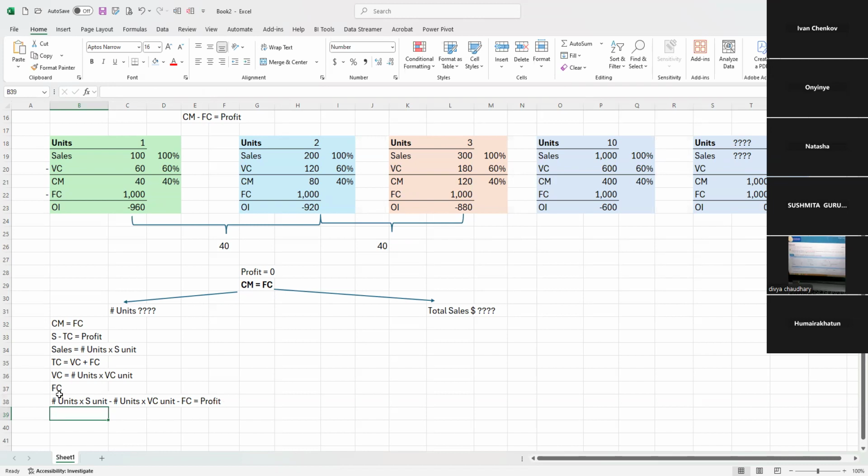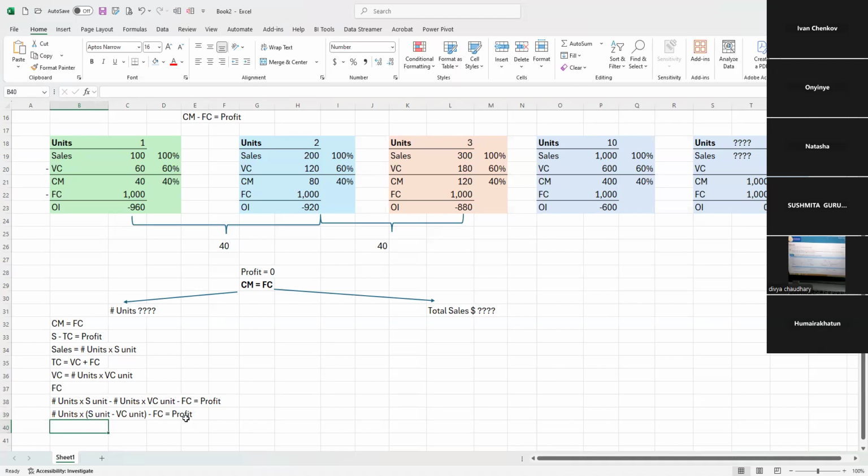Now what we can see, we have number of units and number of units here, correct? Can I get this number of units in the front and say number of units times, in the bracket, sales price per unit minus variable cost per unit, minus the fixed cost should give me my profit, right?